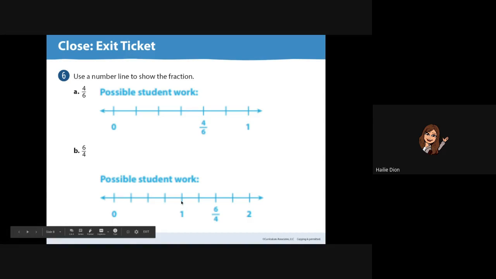So now we're going to focus on 1 to 2. So we know that 1 is 4 over 4. And we know that the denominator stays the same, only the numerator changes. So we're going to have 5/4, 6/4, 7/4, and 8/4. And like I said, you can check, 8 divided by 4 is 2, so you know you're at 2 wholes.